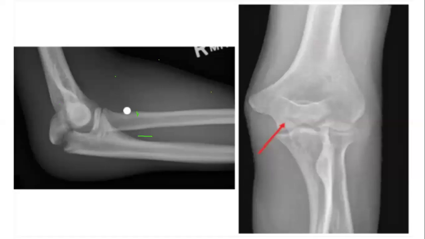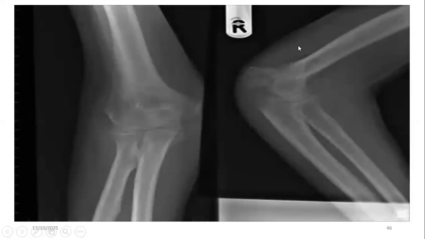What can you see in this X-ray? That is the olecranon fracture. This diagram may be given in the exam. That's also the same olecranon fracture.